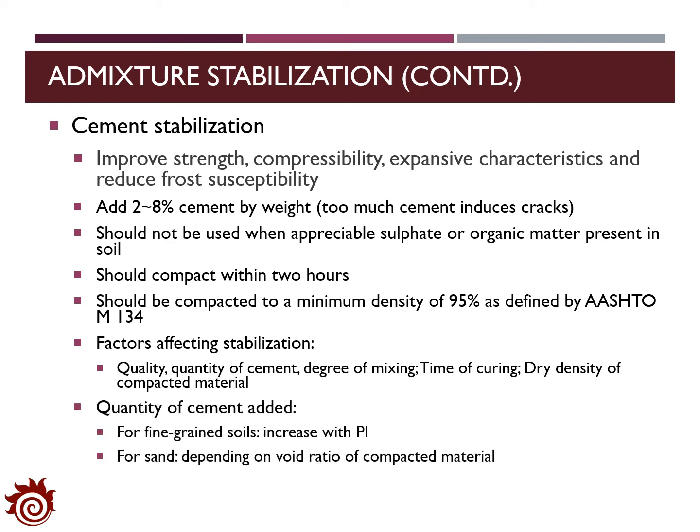Usually for fine-grained soil with a higher plasticity index, we need to increase the percentage of cement applied to the soil. For sand, it will totally depend on the volume ratio of the compacted materials.